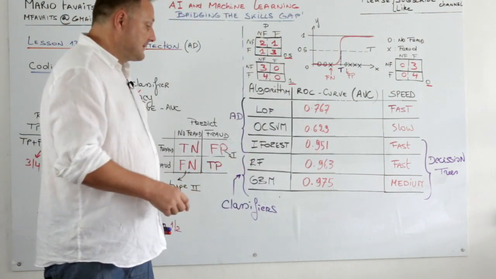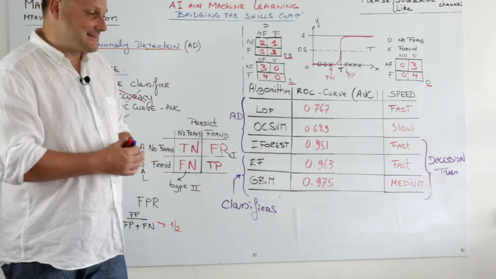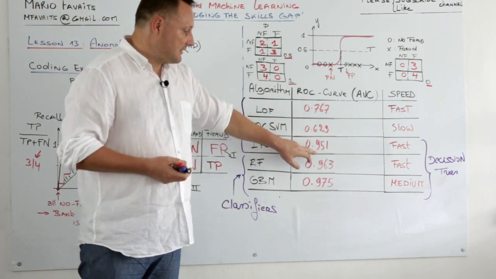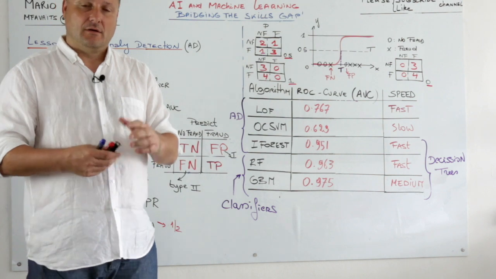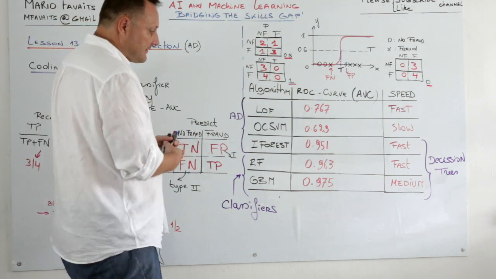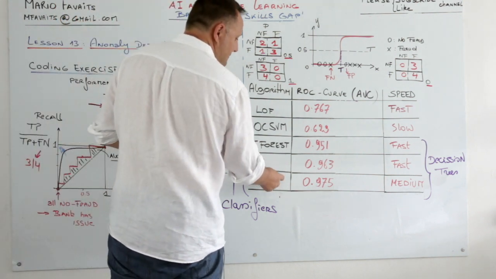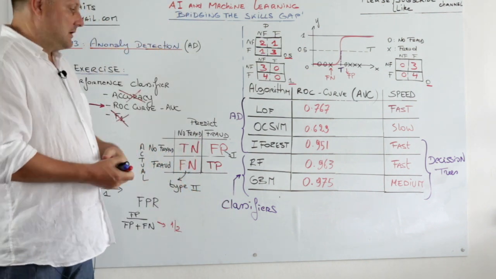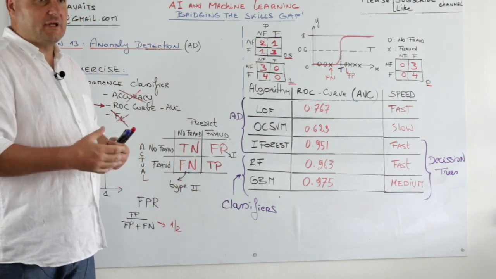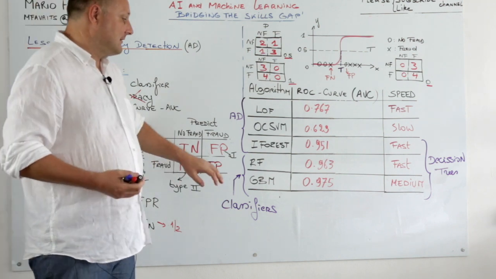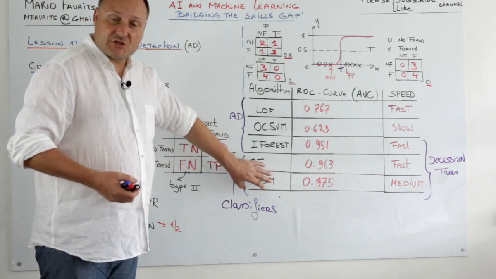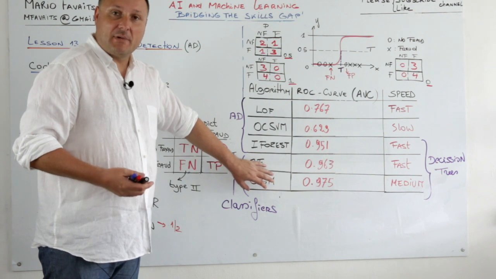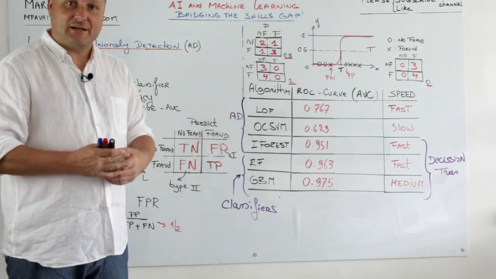Pleasant surprise, iForest was very fast and is pretty good. It's 0.951. But, and here's the big surprise, random forest and gradient boosting machines do really well. Which is a little bit counterintuitive because we said we can't use classification algorithms because of the imbalance, so we had better use anomaly detection.